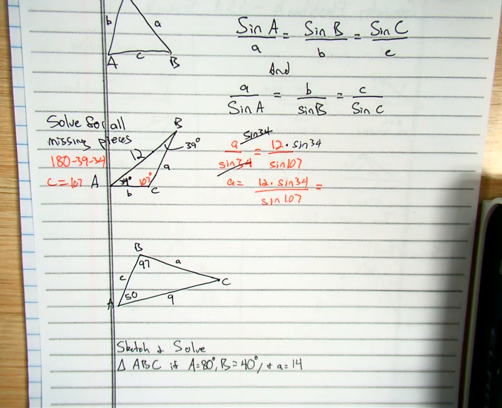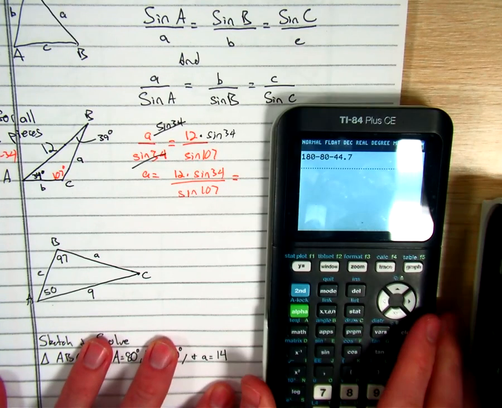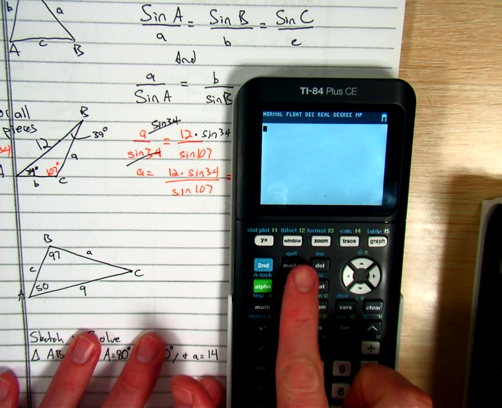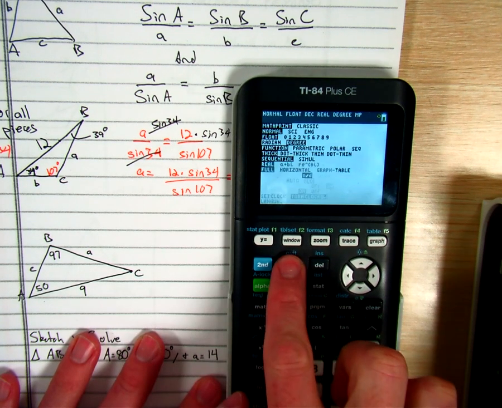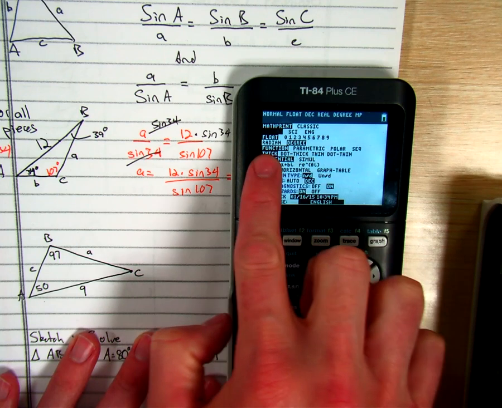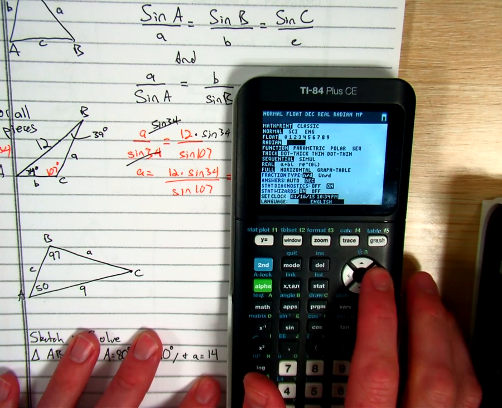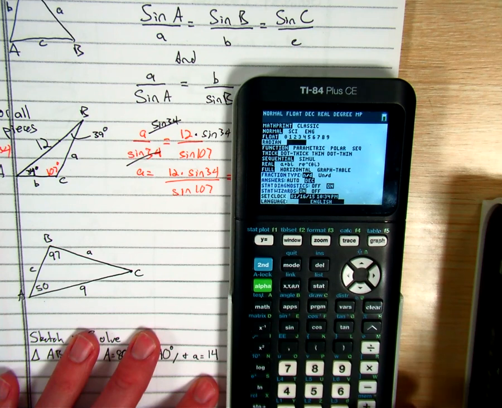Now the fun part, typing this in. First, make sure we're in degree mode. Mode, radians or degrees. We want degrees. So if you are on radian mode, slide over to degree and hit enter.